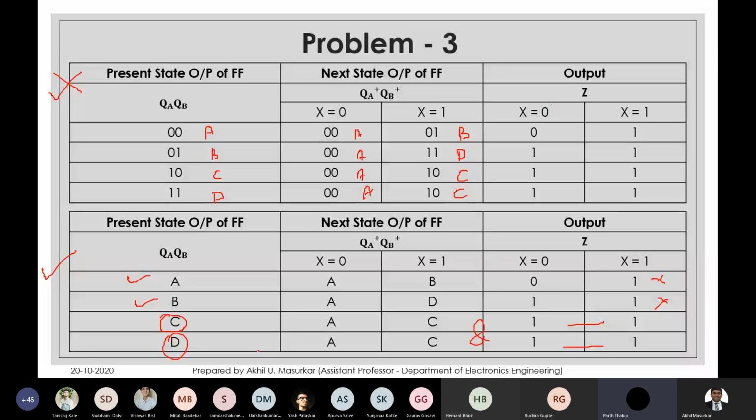Okay, Altamash Khan, can you unmute? Altamash? Shruti? Shruti Biani?